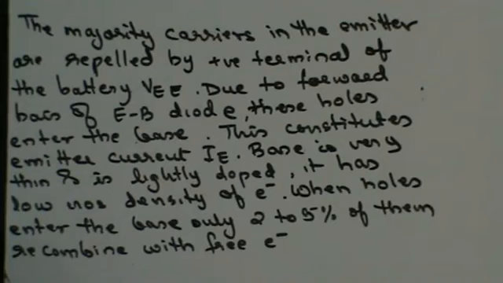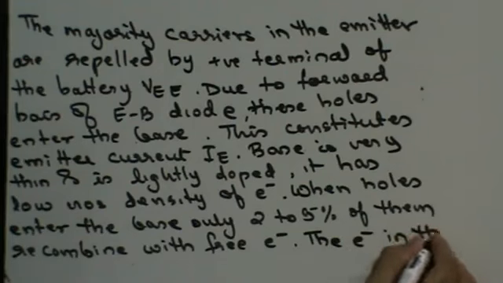In the N region, the electrons in the base are neutralized by the holes, right?